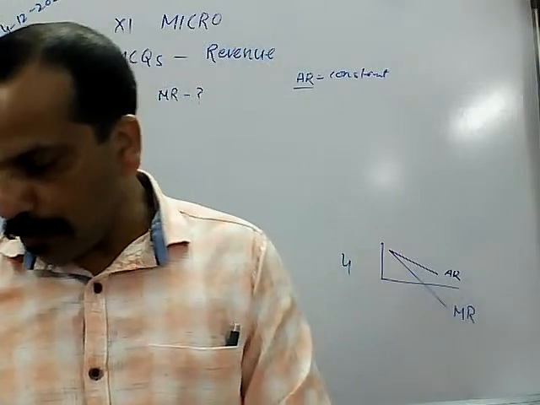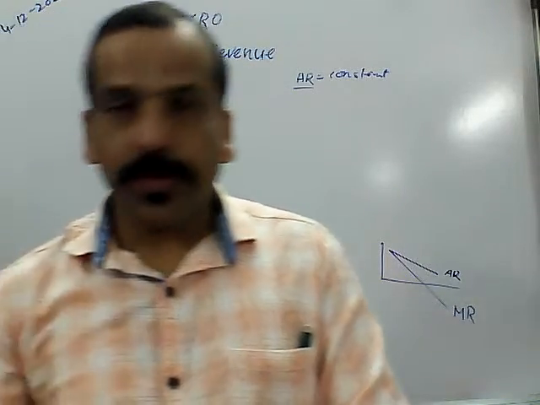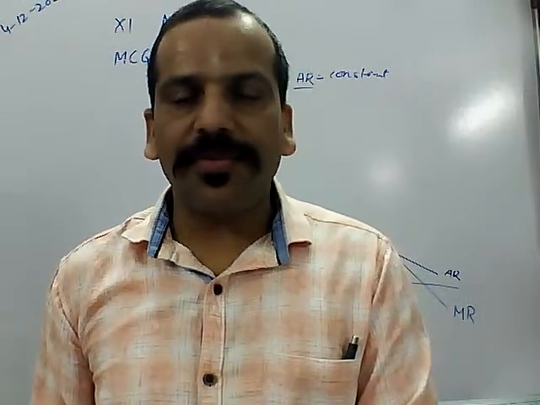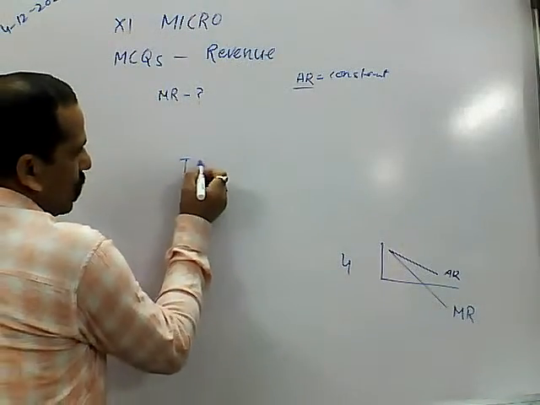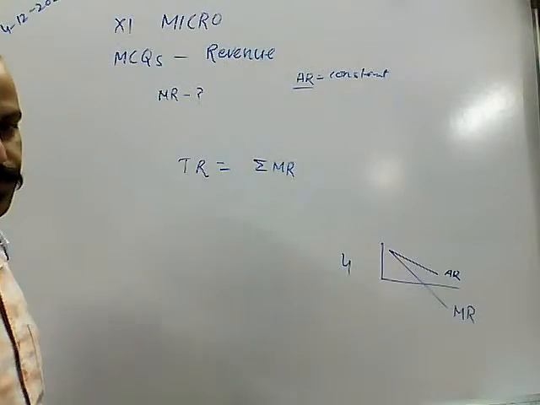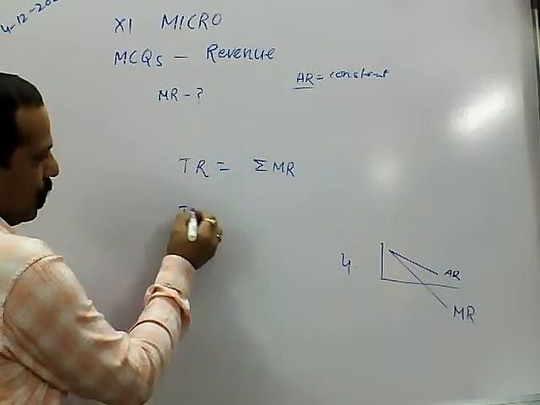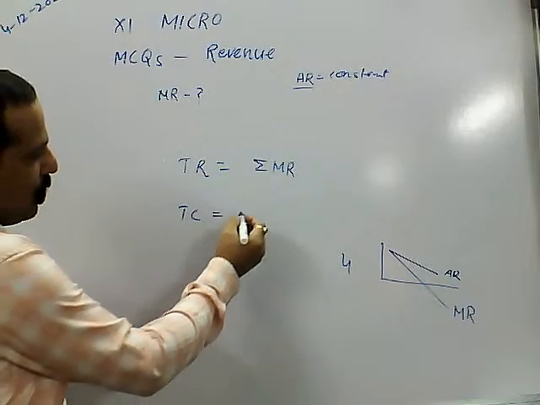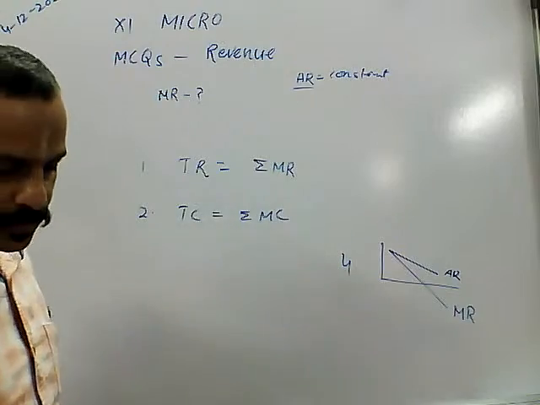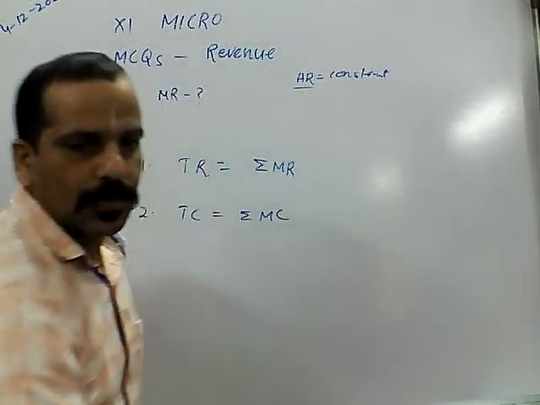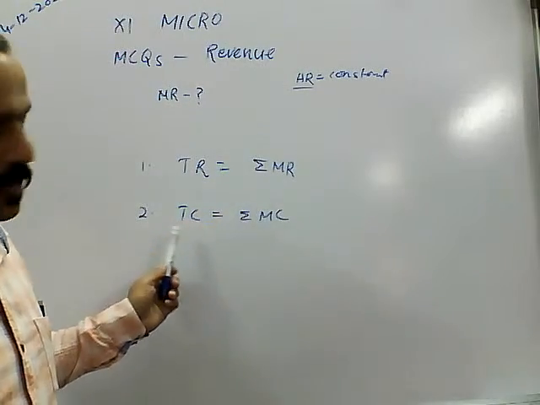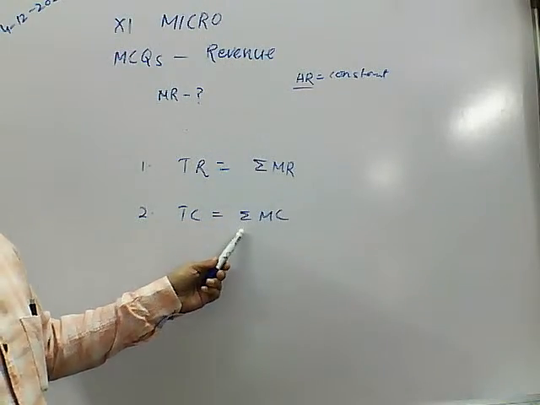Good. Question number 8. Statement A: total revenue is the sum of marginal revenue. Statement B: total cost is the sum of marginal cost.